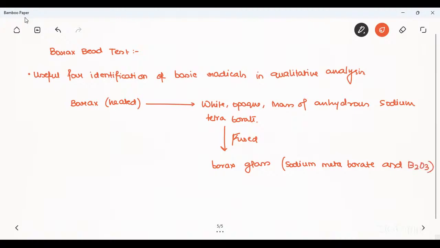Together, this forms the borax glass and the boric anhydride B2O3. These combine with metal oxides to form metal metaborates.